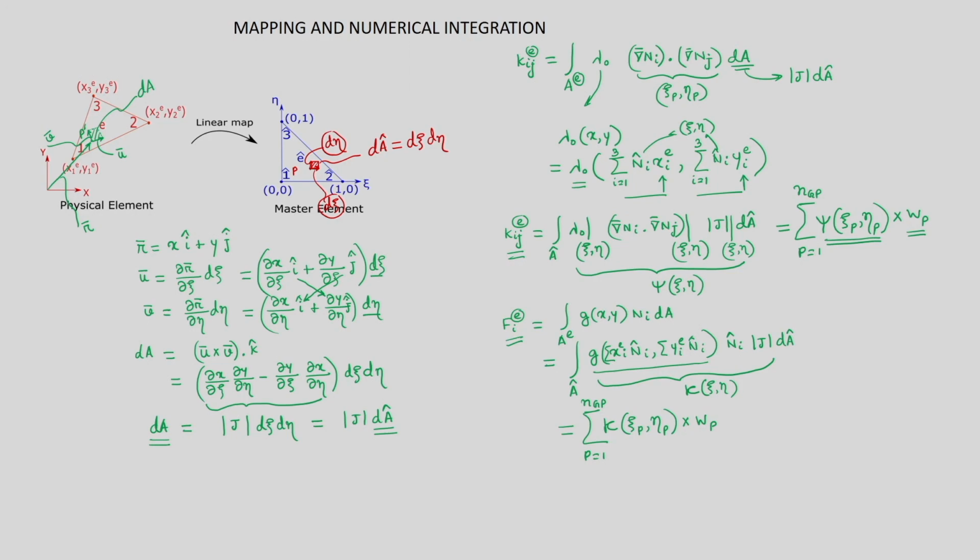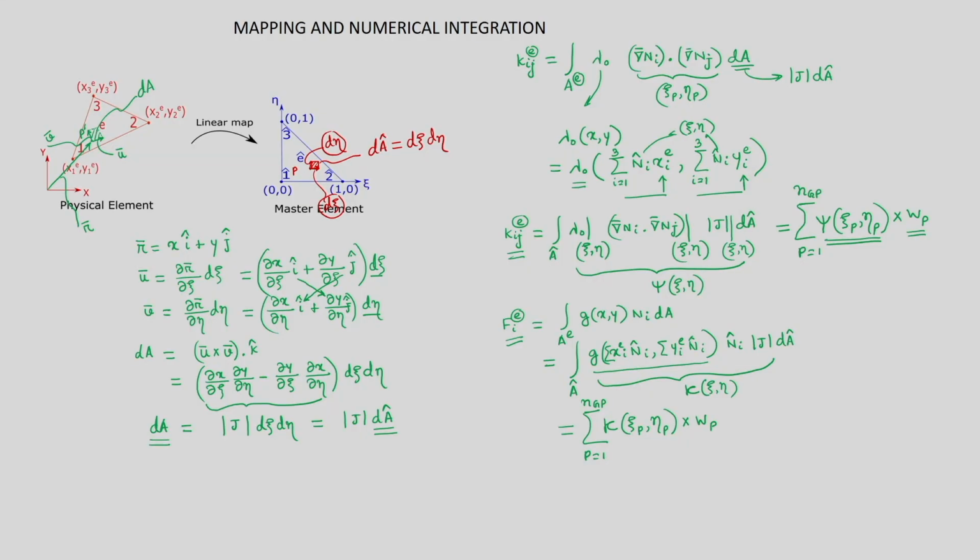Now, let us go ahead and see the contribution of the Neumann boundary, how we can calculate it numerically, not by hand, we need to implement it in a computer. So, we need to follow the same procedure.